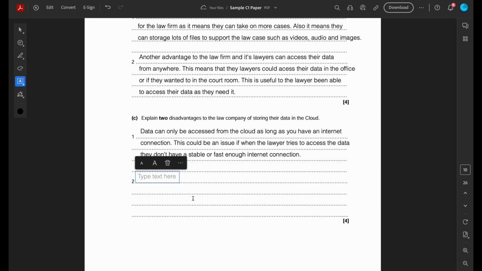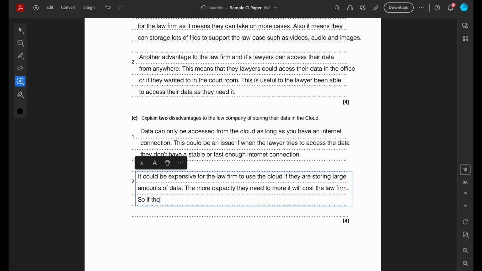The other problem we've got with the cloud is it could be expensive for the law firm to use the cloud if they are storing large amounts of data. The more capacity they need, the more it will cost the law firm.